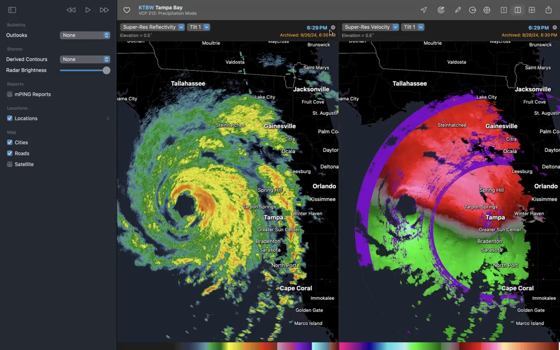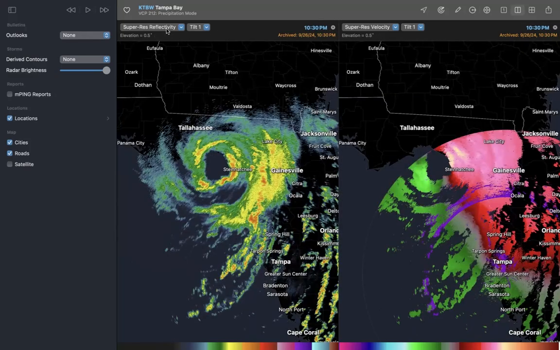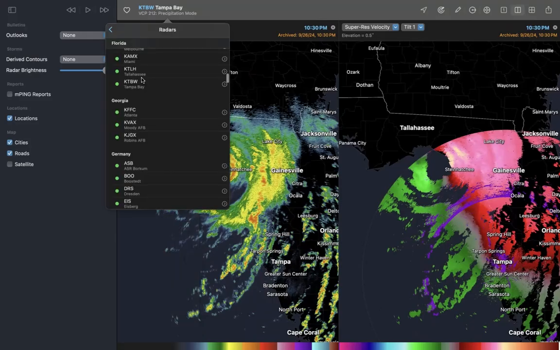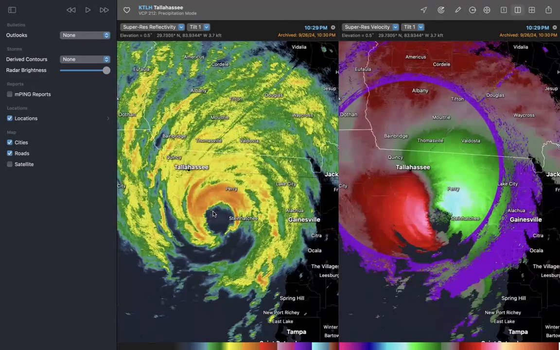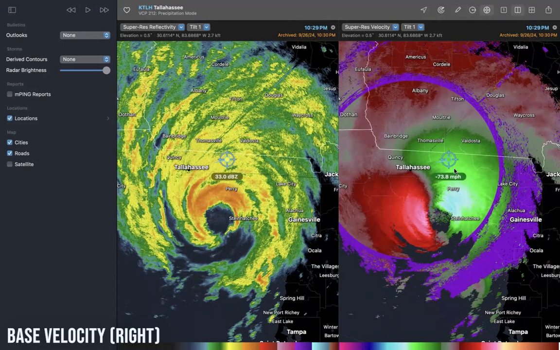When we get closer to the time of landfall, I'll switch over to the Tallahassee radar, which is more north, closer to the Big Bend. Tallahassee is closest to Perry, Florida, where the hurricane made landfall, and with the inspector tool we can see that the winds are very high.